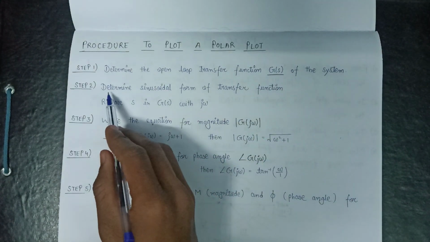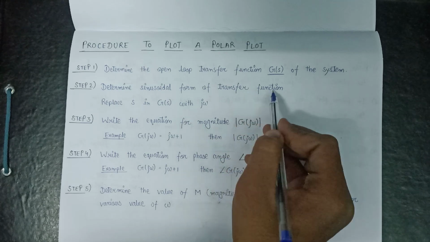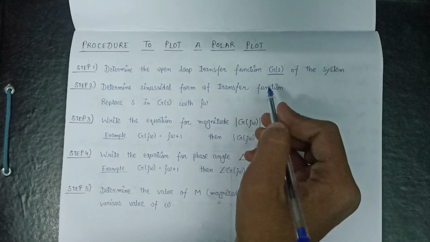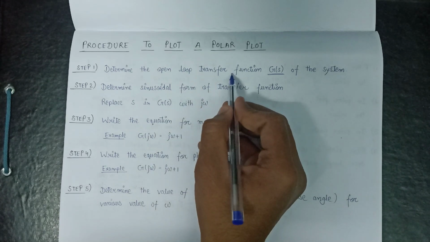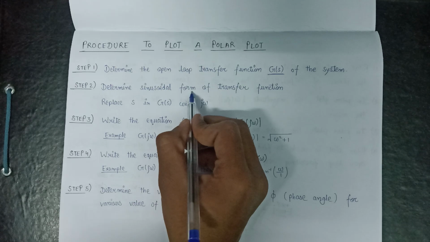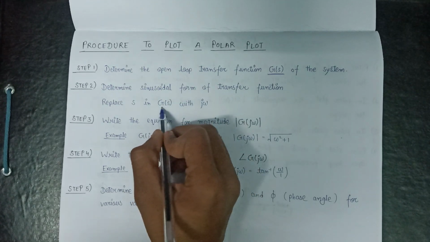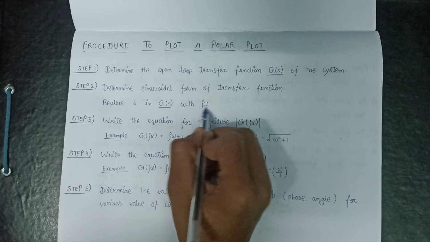Moving on to the second step, that is determination of the sinusoidal form of the transfer function. Since the transfer function G(s) is determined in the first step, now for the determination of the sinusoidal form, we have to replace s in G(s) with j omega.